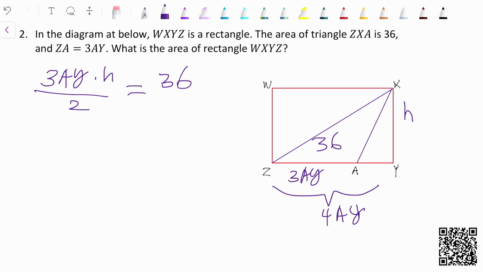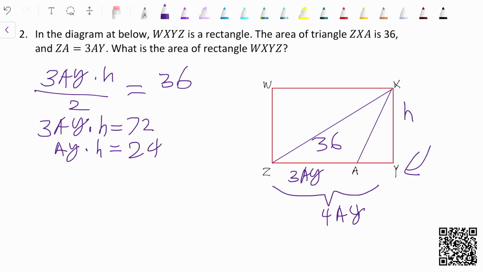But if we know what AY times H is, we can multiply that by 4, because like I said, the length of our rectangle is equivalent to 4AY. So 3AY times H is equivalent to 72. Therefore, AY times H is equivalent to 24.